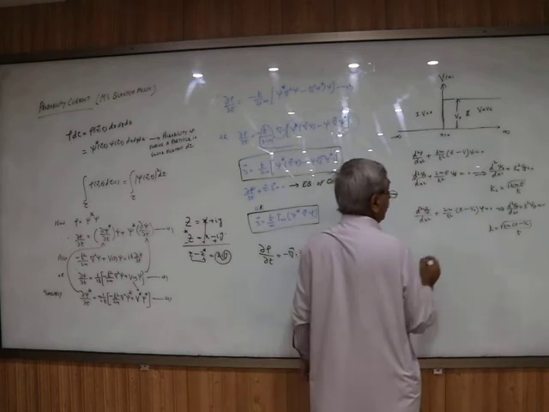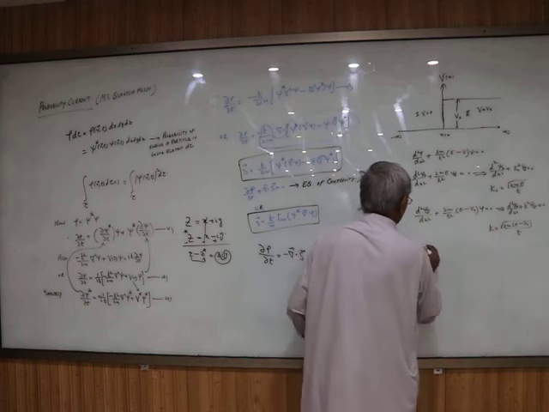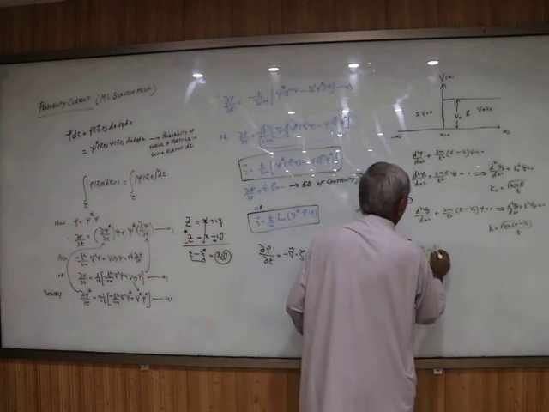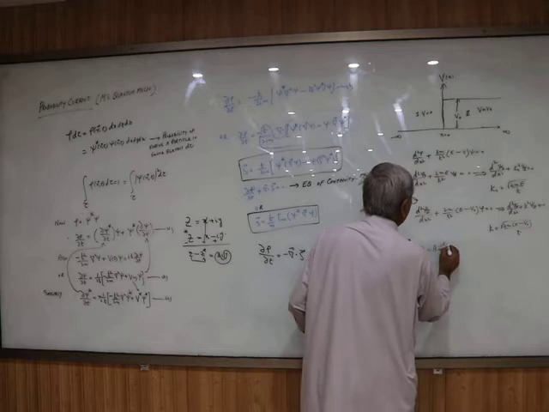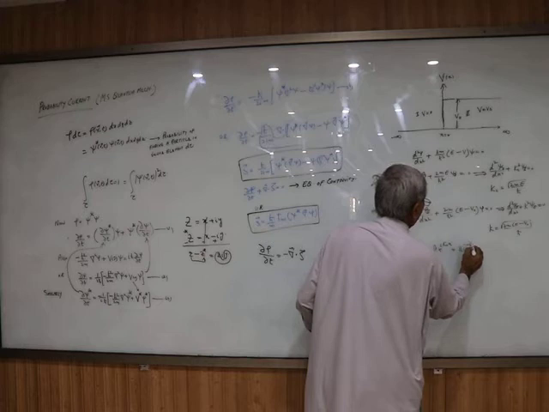You solve this equation. If you solve this one, your solution is psi 1 is equal to A e raised to the power i k naught x plus B e raised to the power minus i k naught x.